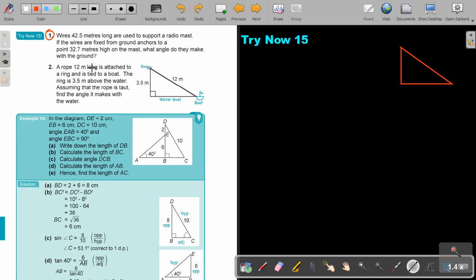So I think it's a triangle coming up. So let's just make the triangle. In this case, this is going to be the mast. Wires are fixed from the ground anchors to a point.